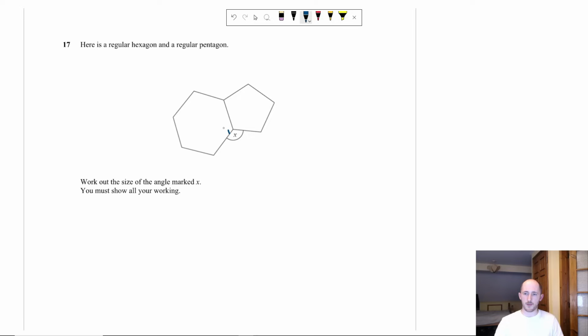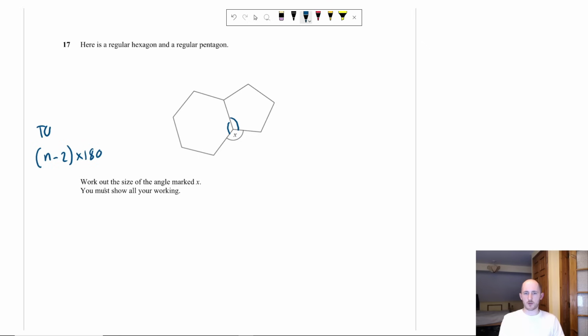If I work out what this angle is here and this angle is here, I'll be able to do 360 minus these 2 angles to work out x. So this here is the hexagon. Now regular means all of the angles are identical. But what are the angles in a hexagon? Here's an equation I would recommend you remember.